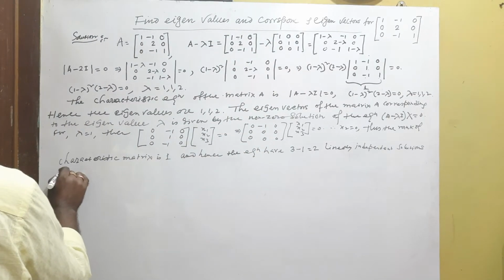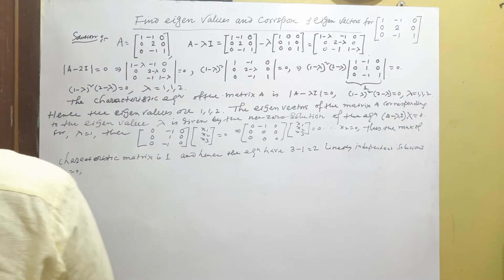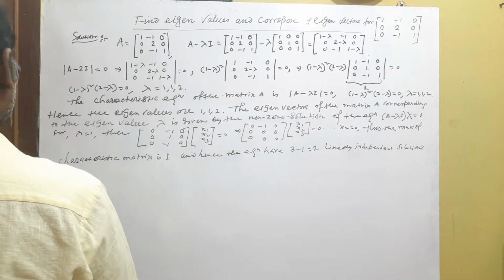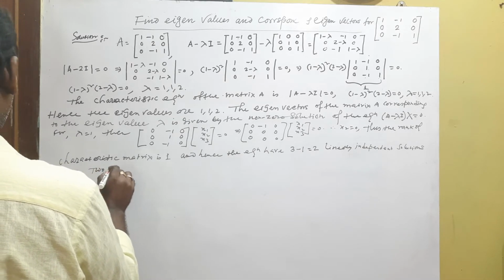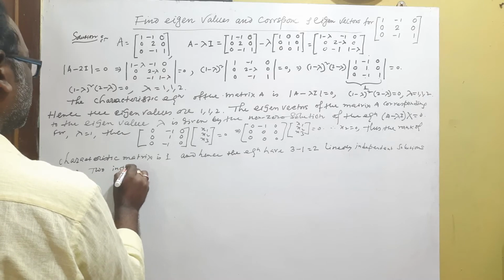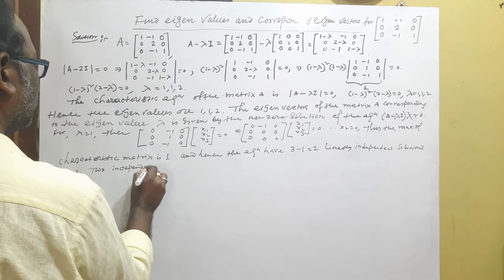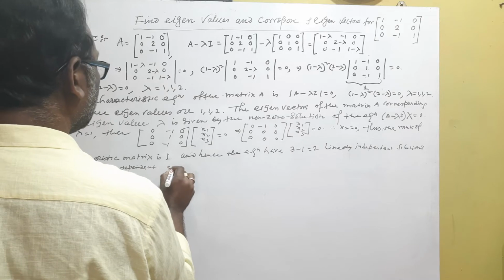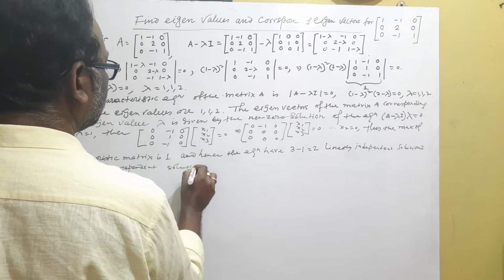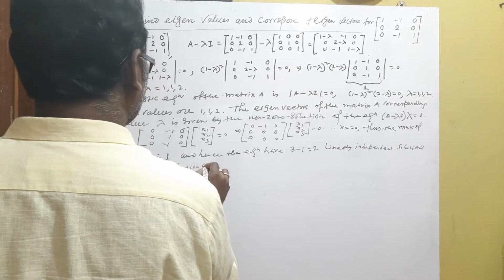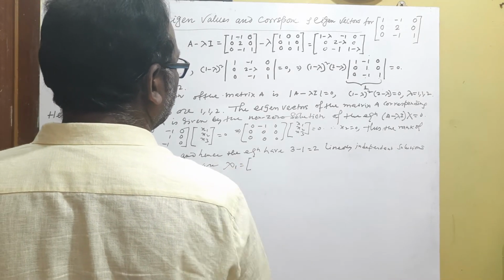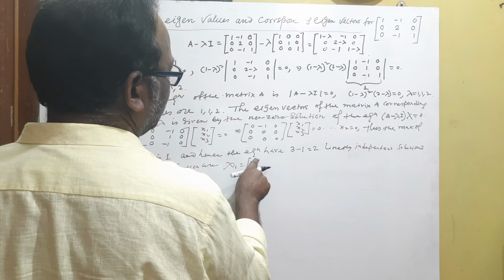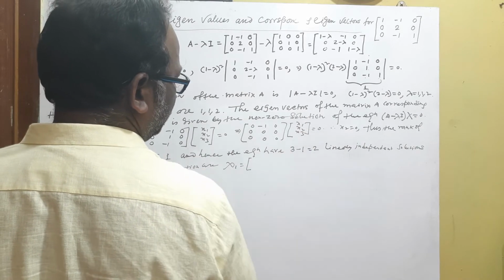So that is x2 equal to 0. So two independent solutions are, this is x1, this is here in the column of x1, x2, x3.